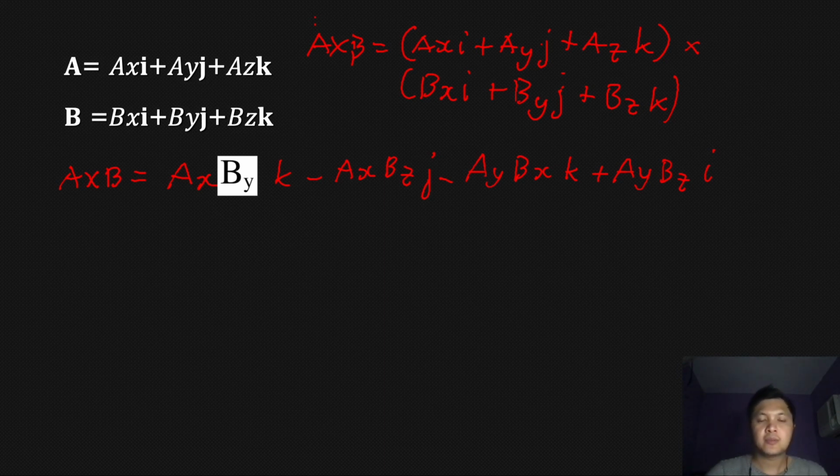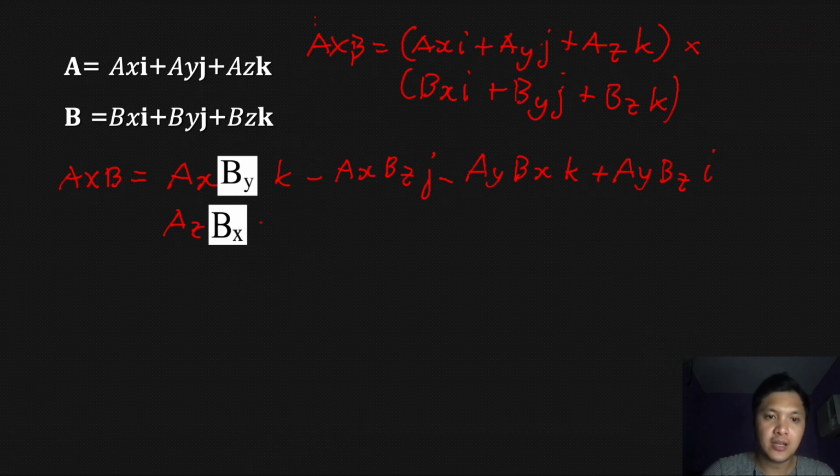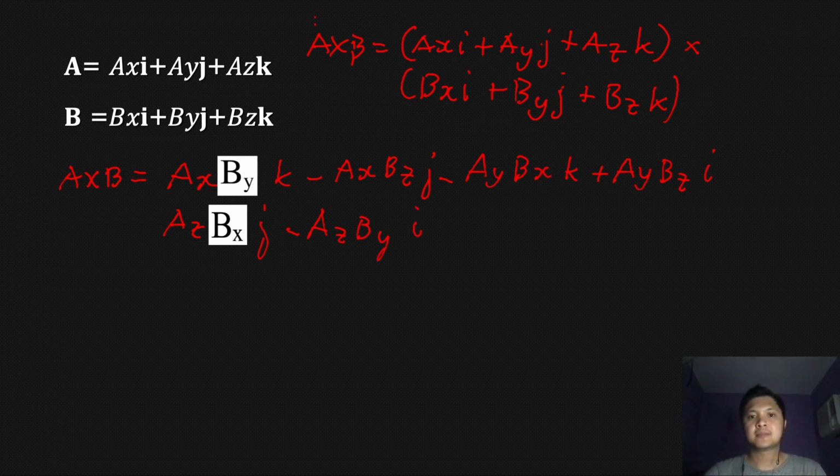So that is positive J, AzBx J, since K cross I is J. Then AzK ByJ, that is K cross J, negative I, so negative AzBy I. Okay, and then AzK BzK, so that's 0.